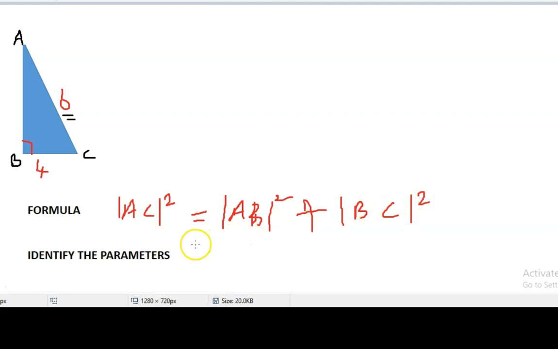The parameters are given as AC, which is the hypotenuse, is 6 centimeters, and BC is 4 centimeter.